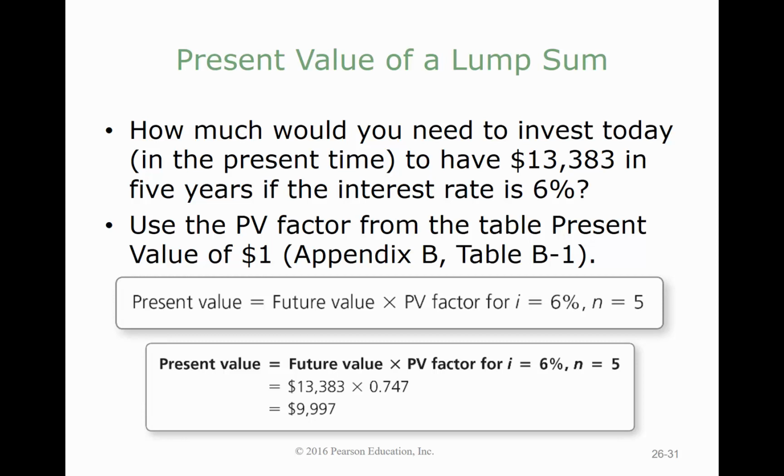So the present value of $13,383 for 5 years at 6% is $9,997. So that means if you put $9,997 in an account that earns 6% and it sat there for 5 years, you'd end up with $13,383.